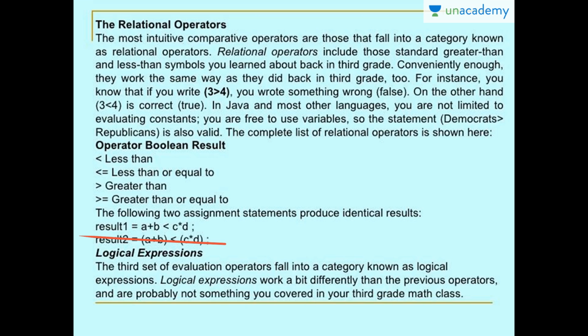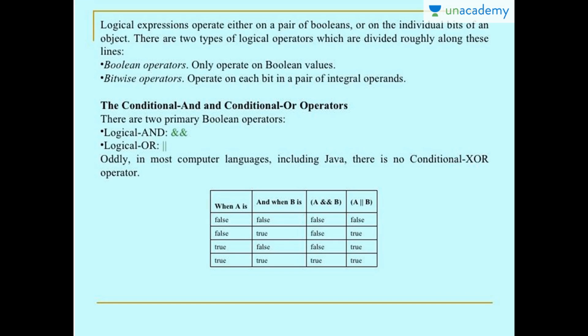Now next are logical expressions. The third set of evaluation operators falls in the category known as logical operators. Logical operations work a bit differently as compared to relational and arithmetic operators. Logical operations can be and, or.